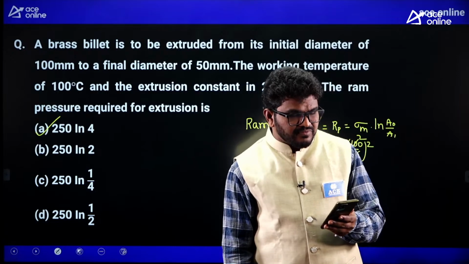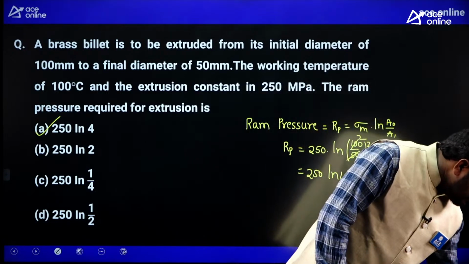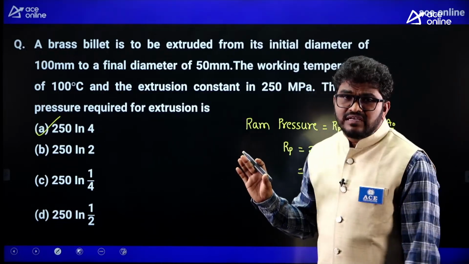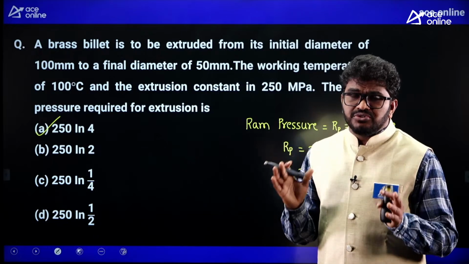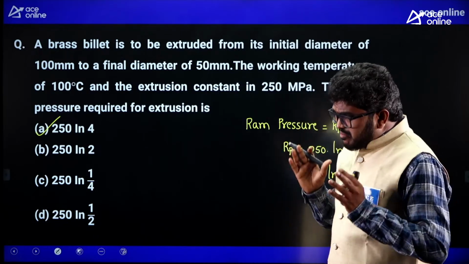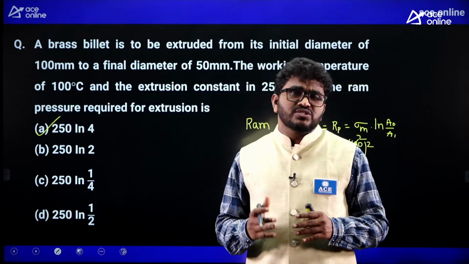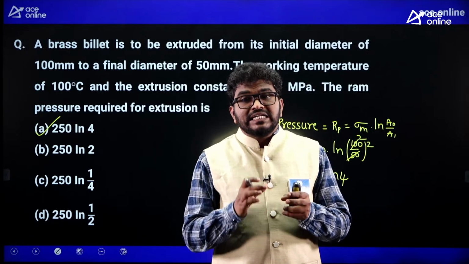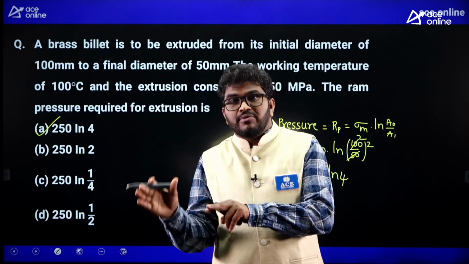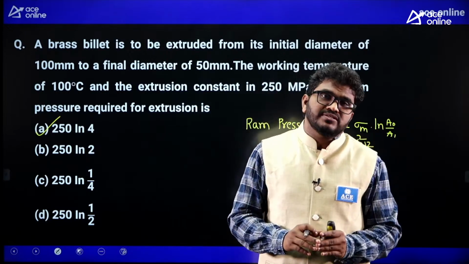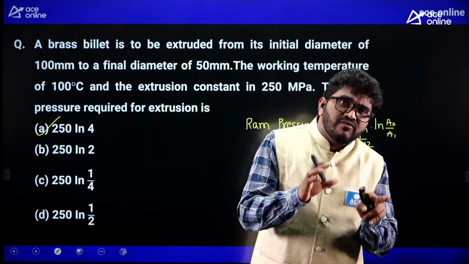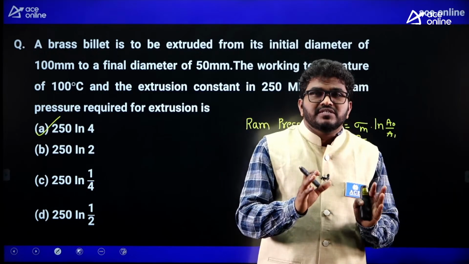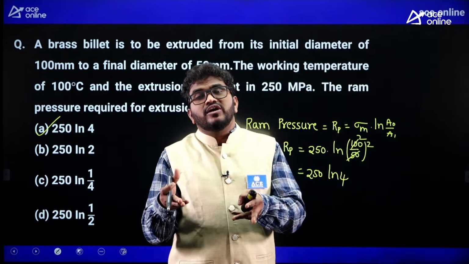Now, clearly understand? It's a very simple question. I said in the class and also online, in case of metal forming like rolling, extrusion, forging, wire drawing, tube drawing, you should remember the ideal metal forming formulas, especially force and pressure formulas: ideal rolling force, ideal extrusion pressure, ideal wire drawing force, ideal wire drawing pressure.